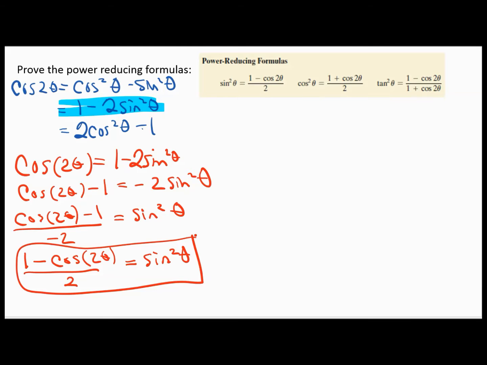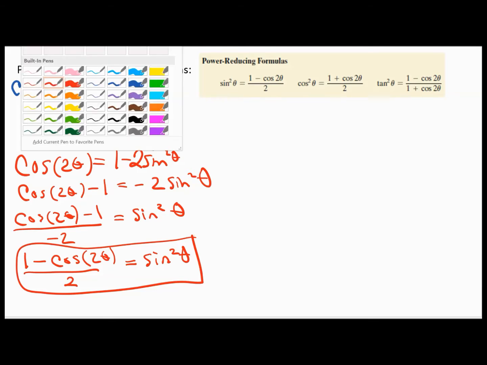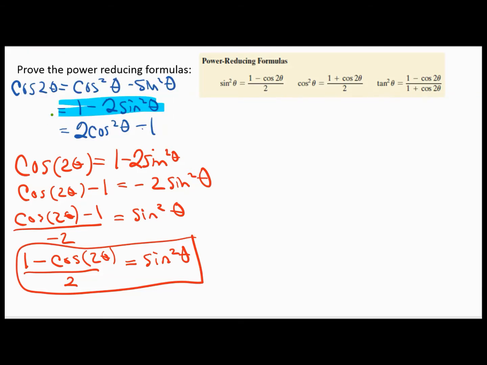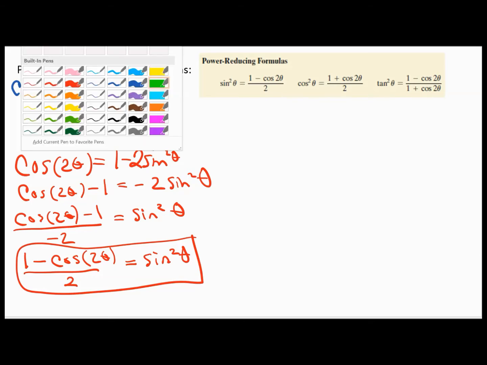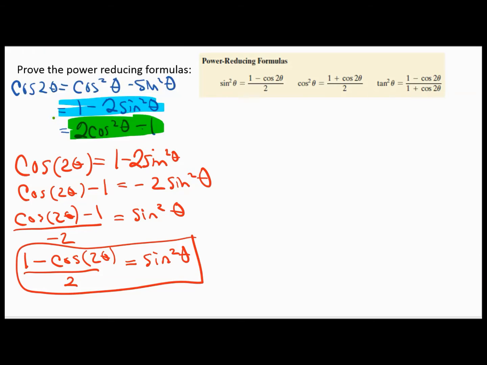Okay, now in green, let's try this again. Okay, I'm going to take this formula, this representation of cosine of 2 theta, and say cosine, how about cosine first? Cosine of 2 theta is equal to 2 cosine squared of theta minus 1.